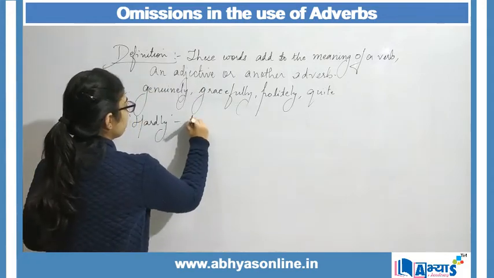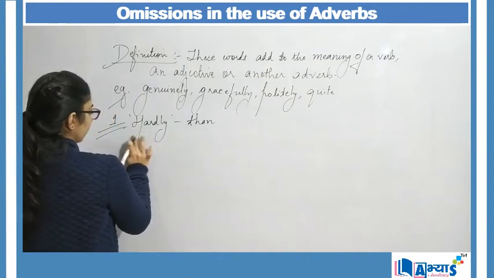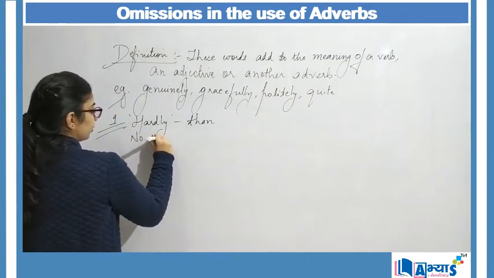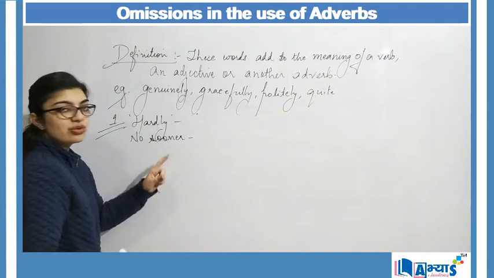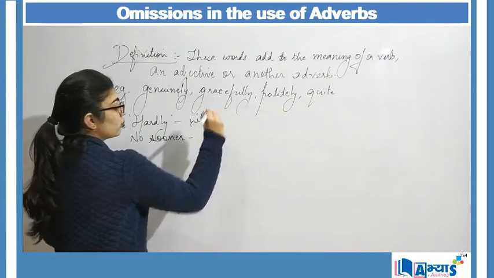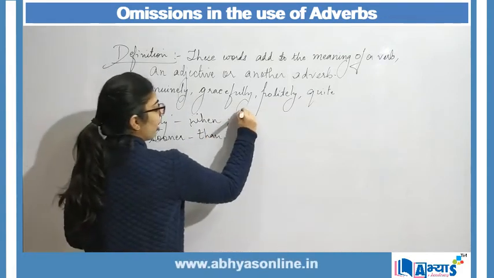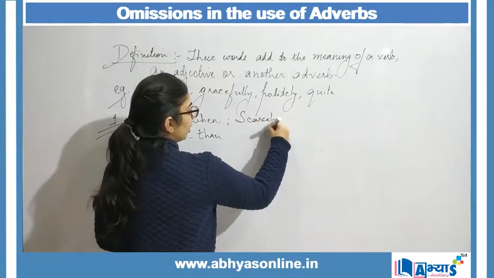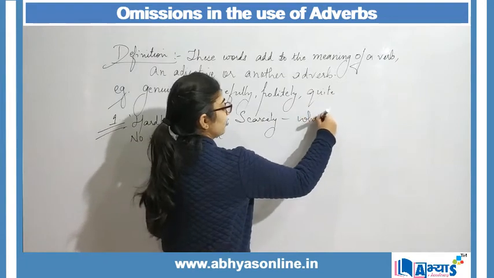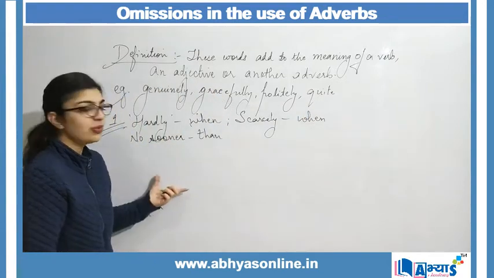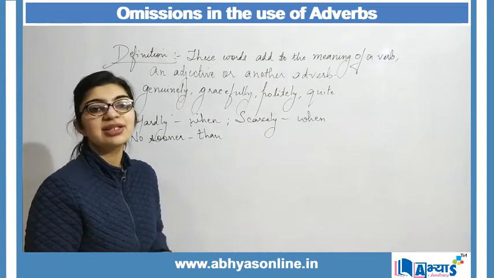Similarly, hardly is used with when, and no sooner is used with than. Even when we say scarcely, the word scarcely is also used with the conjunction when. So these are the words in pair, and whenever we are using these words, they will always be used in pair. And if you ignore one of the pair, then the sentence goes wrong.